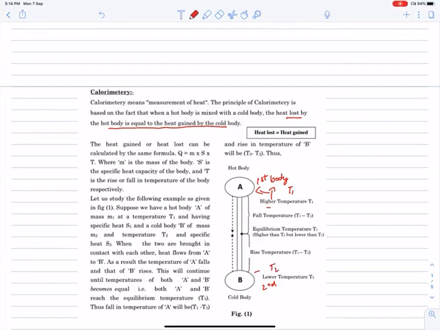Now I told you the principle is heat lost is equal to heat gained. They will keep passing heat from one body to the other until they come to equilibrium temperature, which we will call T3. T3 is equal to equilibrium temperature.